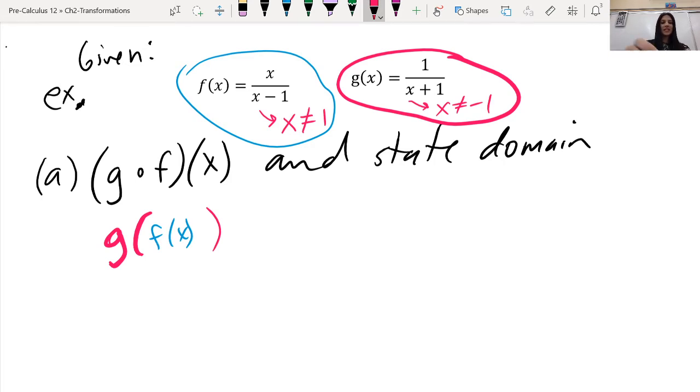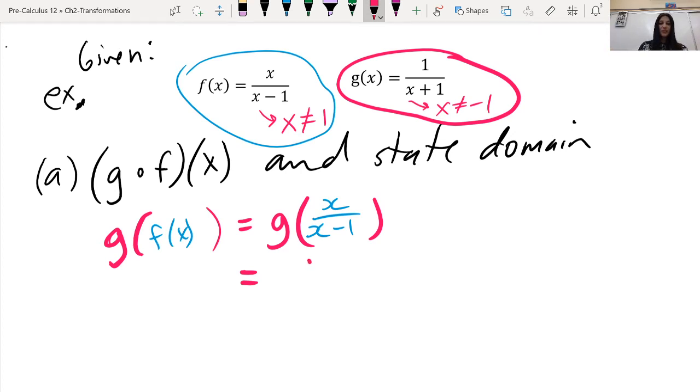So to get a sense of what this is, we would do g of, and instead of f of x, I'm going to plug in there what it's actually equal to, which is x over x minus 1. Still carrying on with exactly the same format and steps, we want to take that and plug it into what our g of x was.